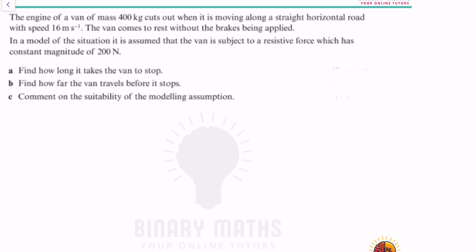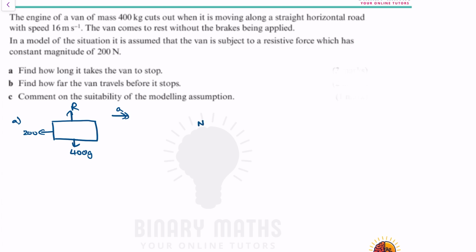So the first thing I need to do is work out acceleration. Mass is 400 kg, so it's pulling 400 g down. We've got a reaction force pulling up. It's moving along a straight horizontal road, and the van comes to rest without the brakes being applied, so there is a resistance force of 200. That means it's accelerating in the opposite direction.